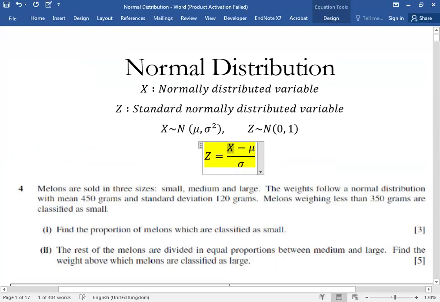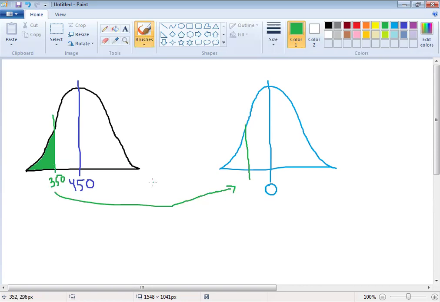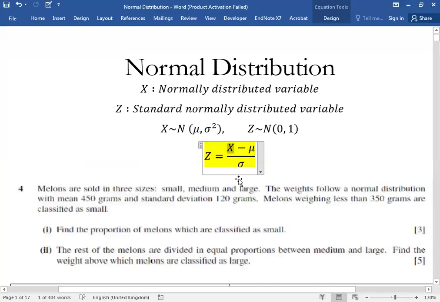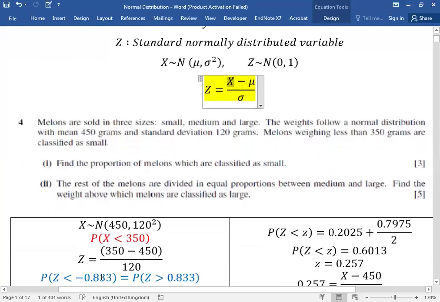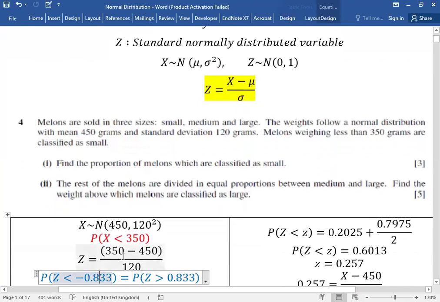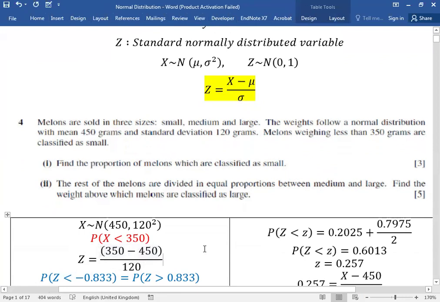For what value of x are you searching for z? 350. In place of x, you put 350, you have written W, in place of W, 350 minus 450 upon sigma, which is 120. What is the z value? 350 minus 450 upon 120. What is your value of z? Tell the z value to 3 decimal places.